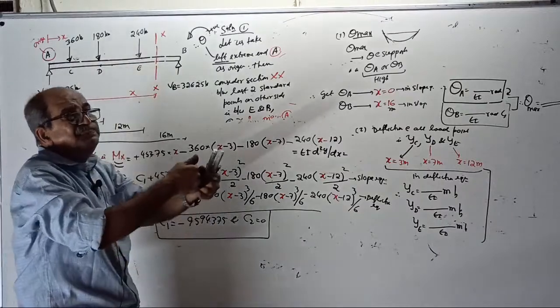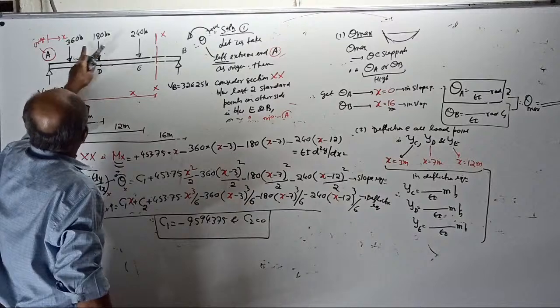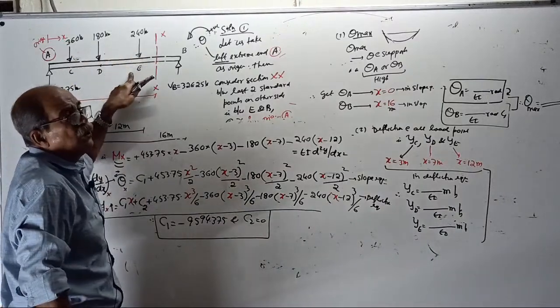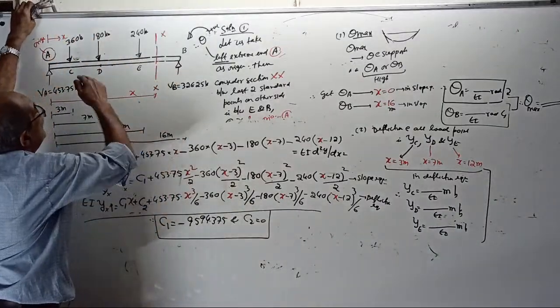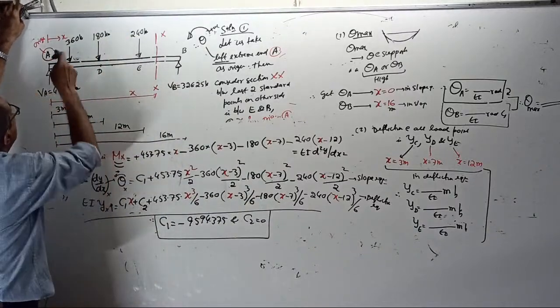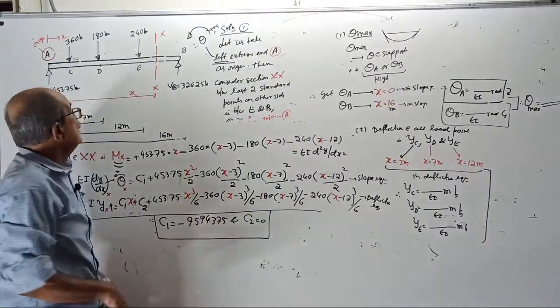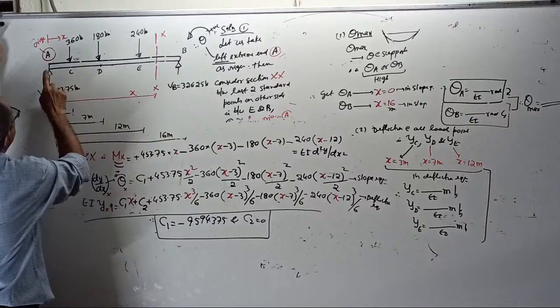So when the length is more, bending is more. But here openings are more, the beam may bend more here, but load is 240. Here length is lesser, but load is more. You cannot guarantee where Y max will be.